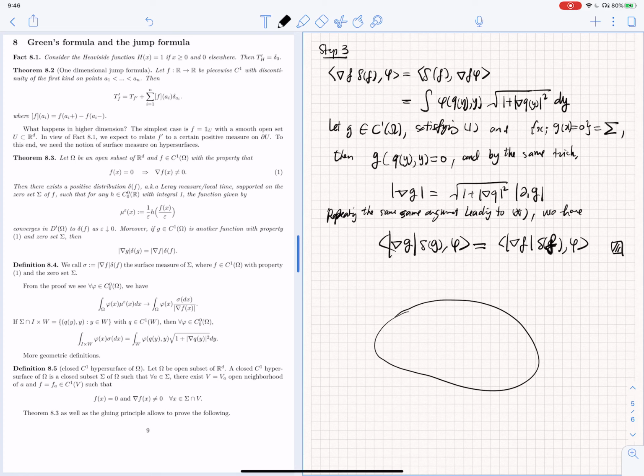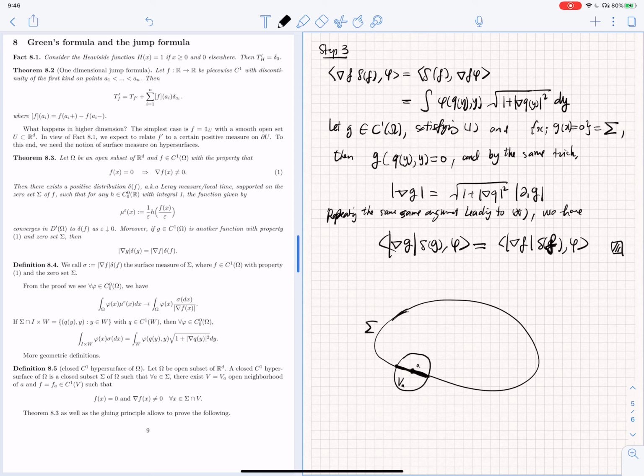This is my sigma, a curve, and I call it a C1 hypersurface if for any point a on my closed set sigma, I can find a small neighborhood, this will be called V_a, the small neighborhood of a, and a function f_a defined on V_a, which is C1, such that f_a vanishes on the intersection of sigma with V_a.